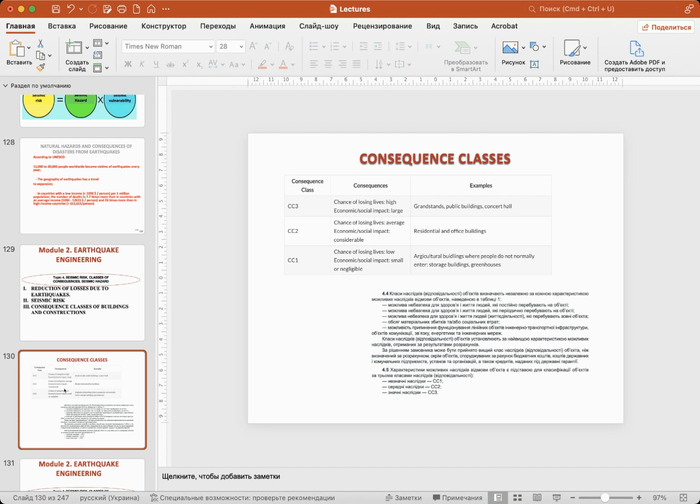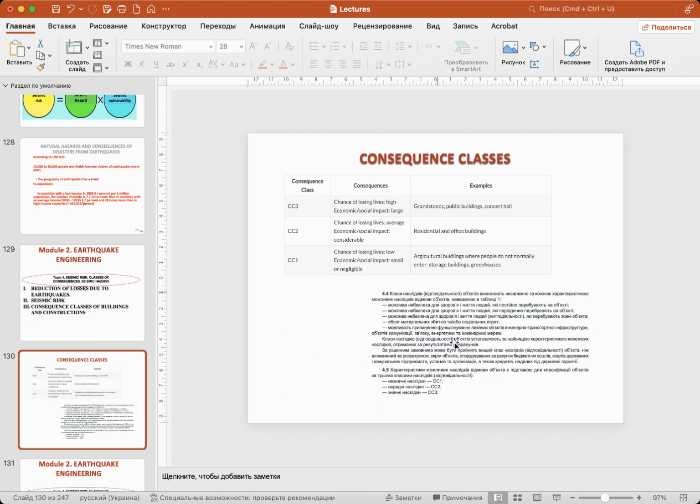In a few words, if you compare the Ukrainian and, for example, the European approach to the consequence classes, in Ukraine you will find a more sophisticated way to define the consequence classes. In Europe, they have another approach. They only analyze the type of building, and according to that they define the level of consequence class.